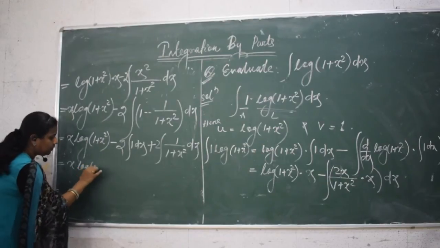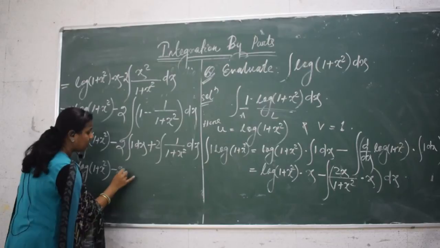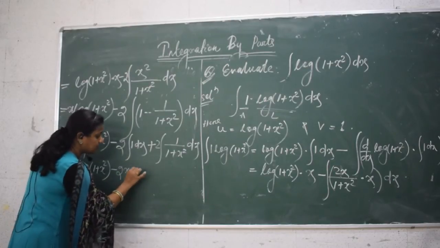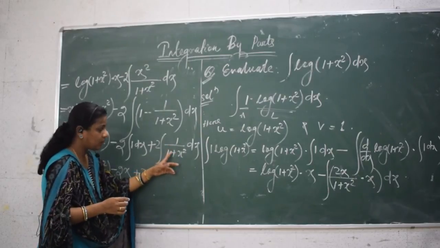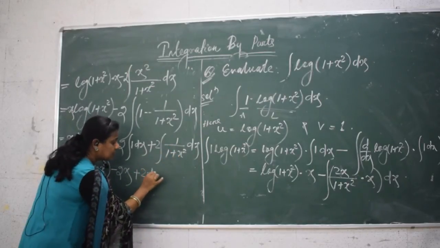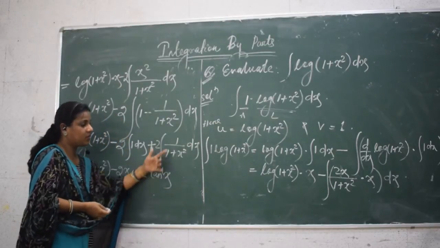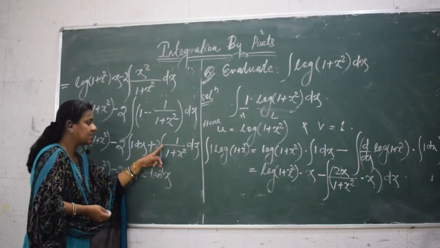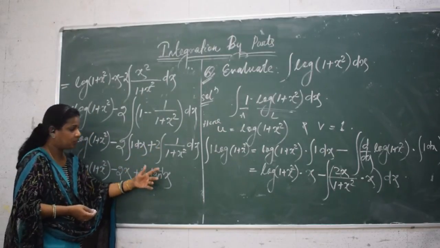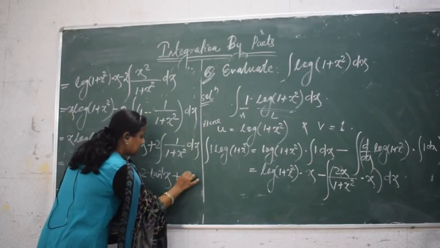Log of 1 plus x square minus 2 into the integration of 1 dx is x, plus 2 into the integration of 1 by 1 plus x square, that is tan inverse x, because the derivative of tan inverse x is 1 by 1 plus x square. Since integration is the antiderivative, you can write 2 into tan inverse x plus c.